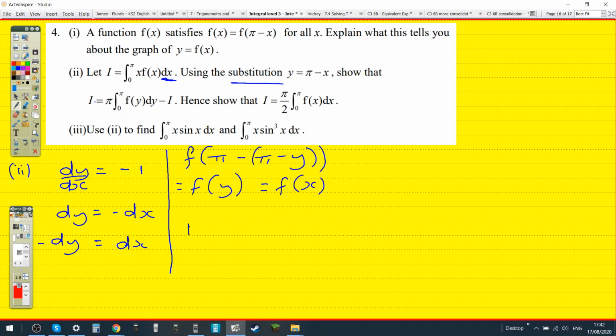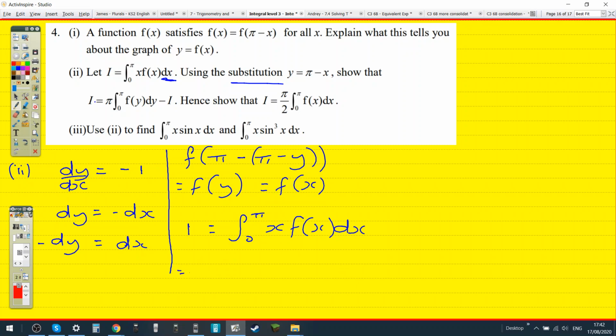So I equals the integral between pi and 0 of x times df of x over dx. We said that dx can be replaced with minus dy. I'm going to put that minus to the front.